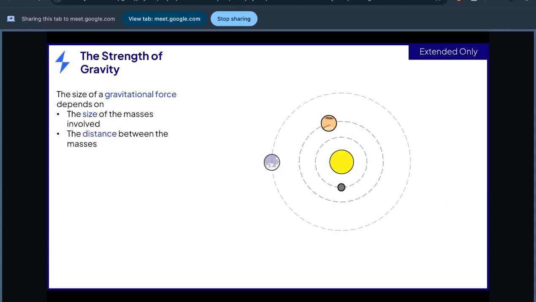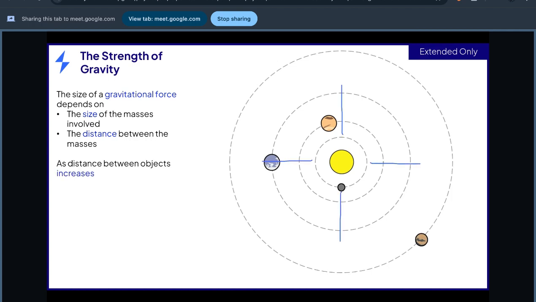The size of the gravitational force also depends on the distance between the masses. As the distance between the objects increases, the effect of gravity becomes smaller. The planets closest to the Sun experience the strongest gravitational attraction, whereas the outer planets experience the weakest.